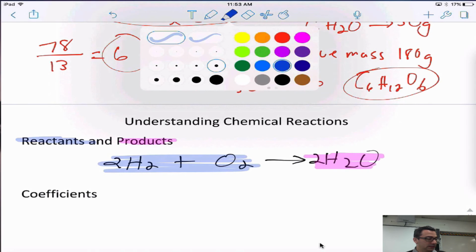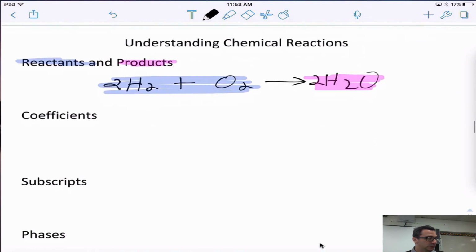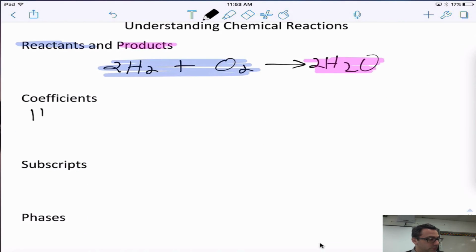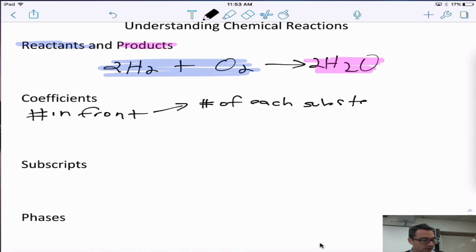Now, the next thing that's important are coefficients. Coefficients are the numbers in front, and they could represent one of two things. They could represent the number of each substance, so I could read this as 2 molecules of hydrogen react with 1 molecule of oxygen to form 2 molecules of water.